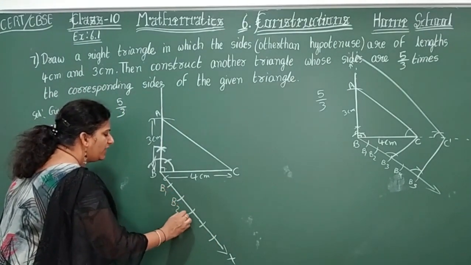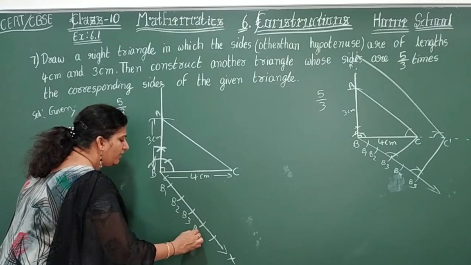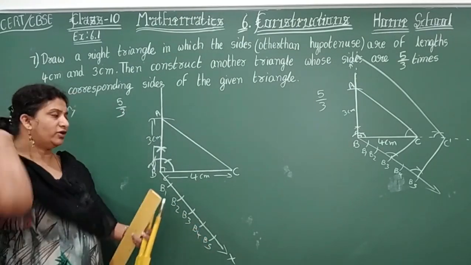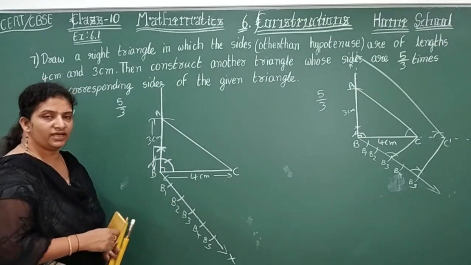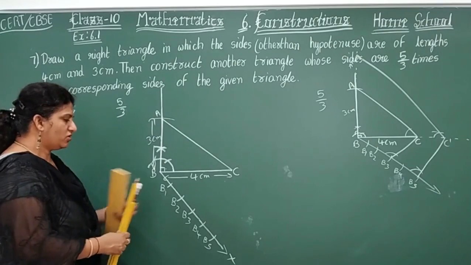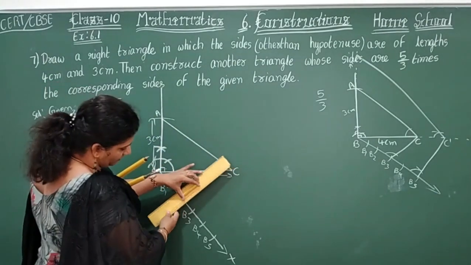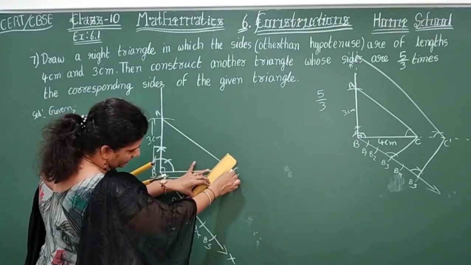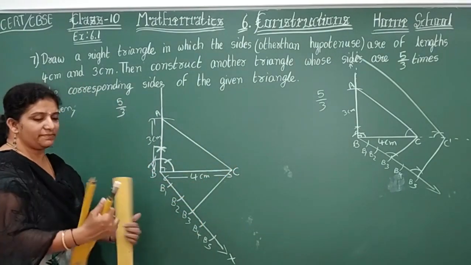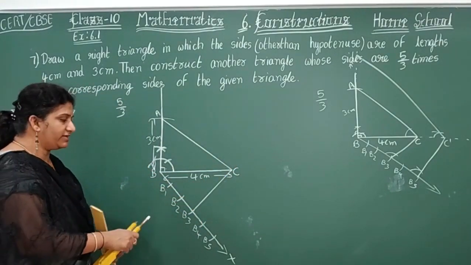B1, B2, B3, B4 and B5. Now where to join the C, children, here? Denominator, what do you have? 3. So from B3 join. Okay. Now next step is, which is a very important step.